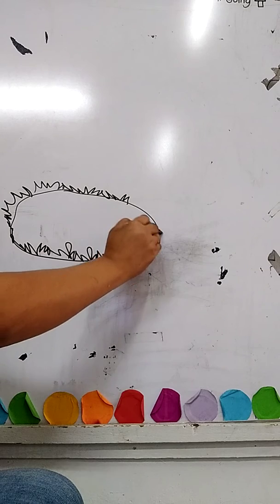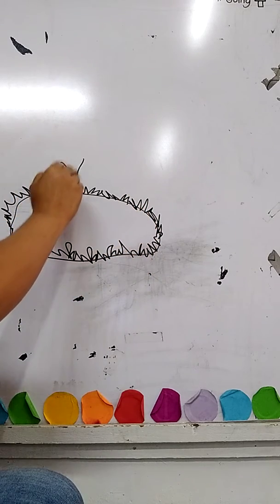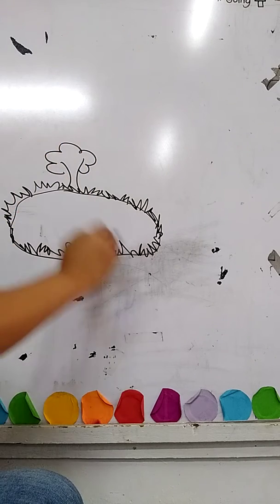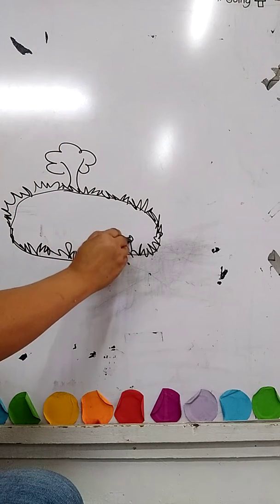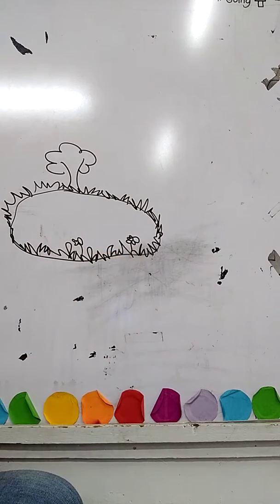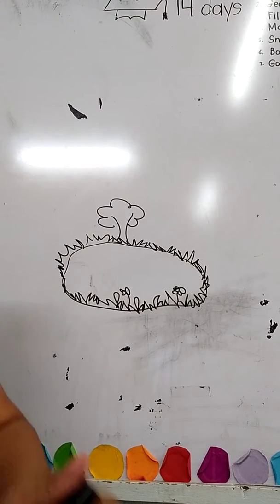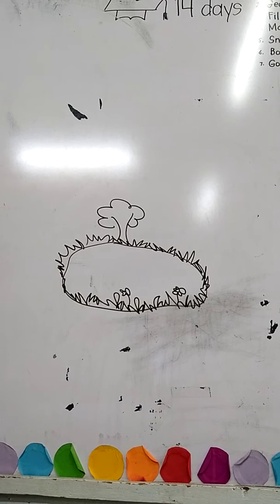Again, if you can draw better than Teacher Meg, please draw. Okay, you can draw some trees, you can draw some flowers. So land, grass, trees, flowers, it means it's around the lake. Okay, so you got it. That's a lake. It's completely surrounded by land.